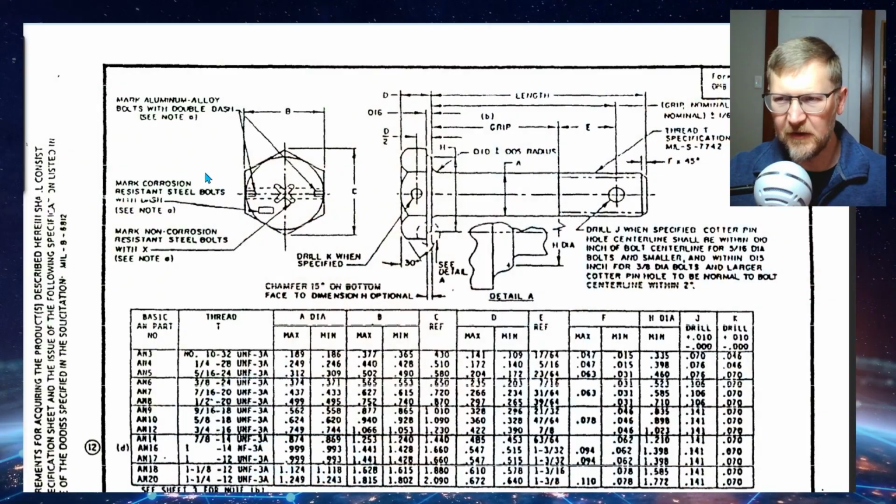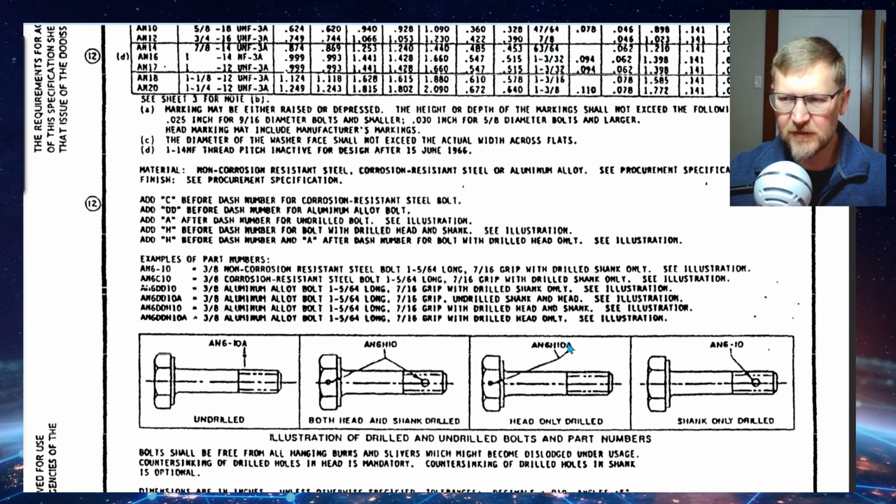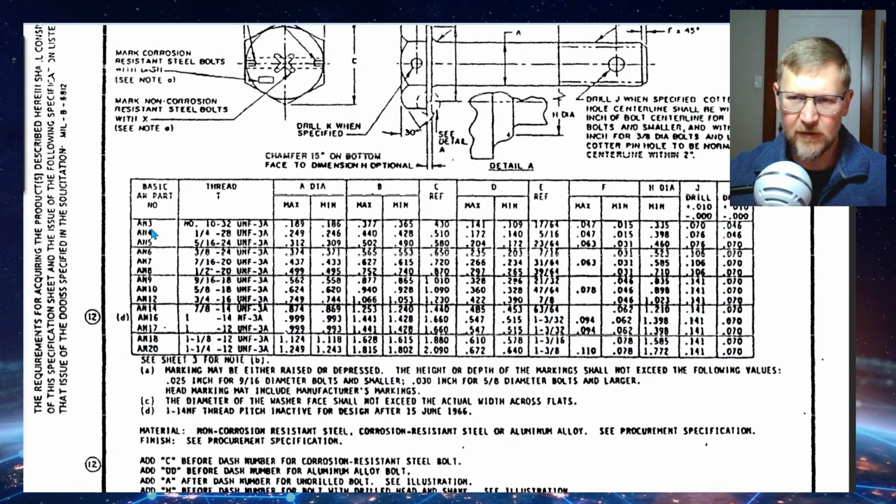So let's start by talking through the different sizes that you're going to come across in fasteners. We'll start with the simple case of a nut and bolt situation. What I've got here is an example of a general bolt specification. This is the old AN Army Navy spec for standard fasteners, and they had a standard for AN3 through AN20 in this case.